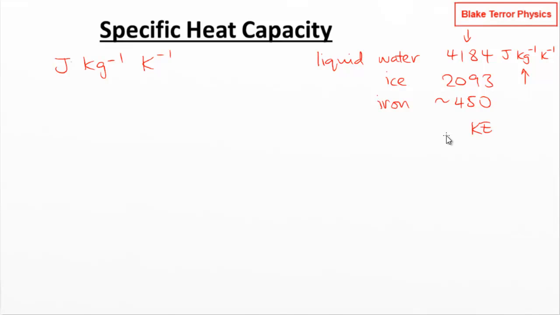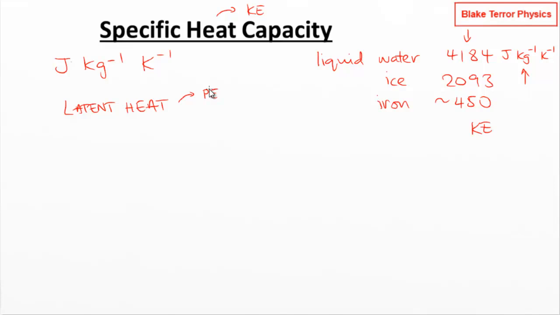You've got a similar thing going on with latent heat as well. We'll be able to work out latent heat of fusion and vaporization in a similar way. The specific heat capacity is looking at our kinetic energy changes, our latent heat is looking at our potential energy changes. But it's the same thing.